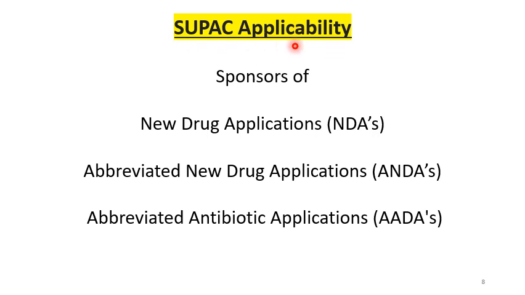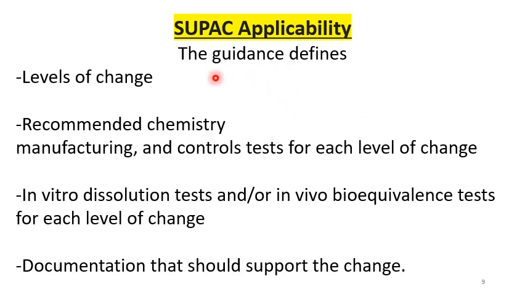Then SUPAC applicability. The SUPAC guidelines are applicable to the NDAs, that is innovator formulations, also to the generic applicants and to the abbreviated antibiotic applicants. So NDAs, ANDAs and AADAs. For all these categories the SUPAC guidelines are applicable. Then the SUPAC guideline defines the level of changes.